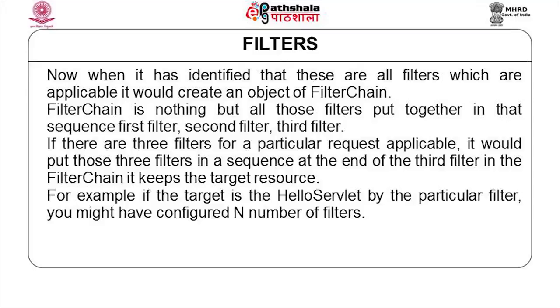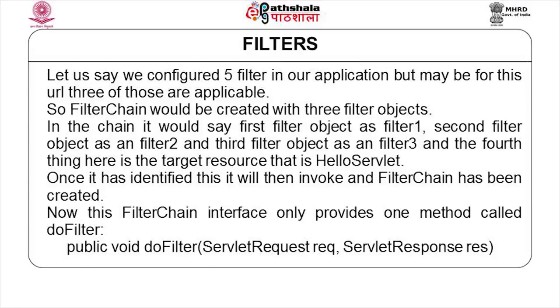So, a FilterChain would be created with 3 filter objects. In this chain, the first filter object is filter 1, the second filter object is so and so filter, the third filter object is another one, and the fourth thing which we have here is the hello servlet, which is actually the targeted resource.